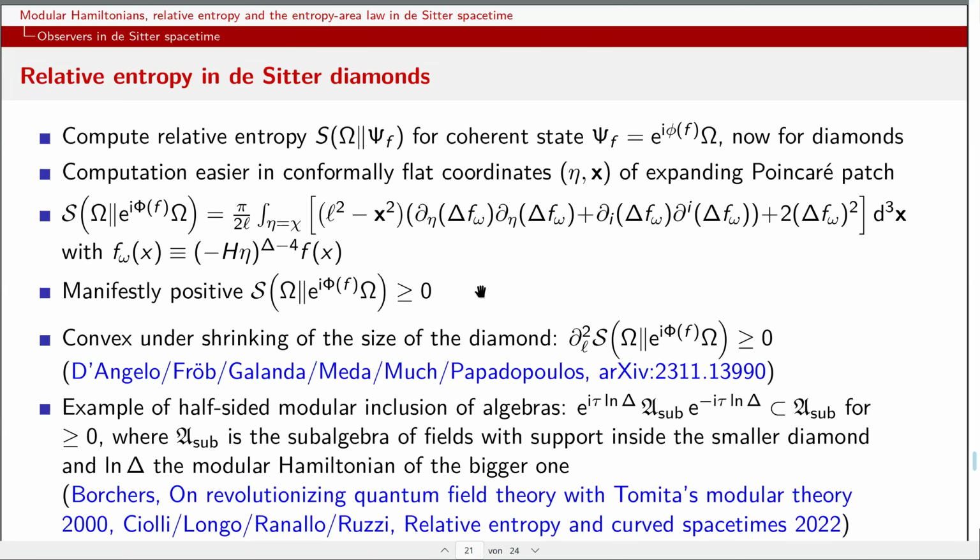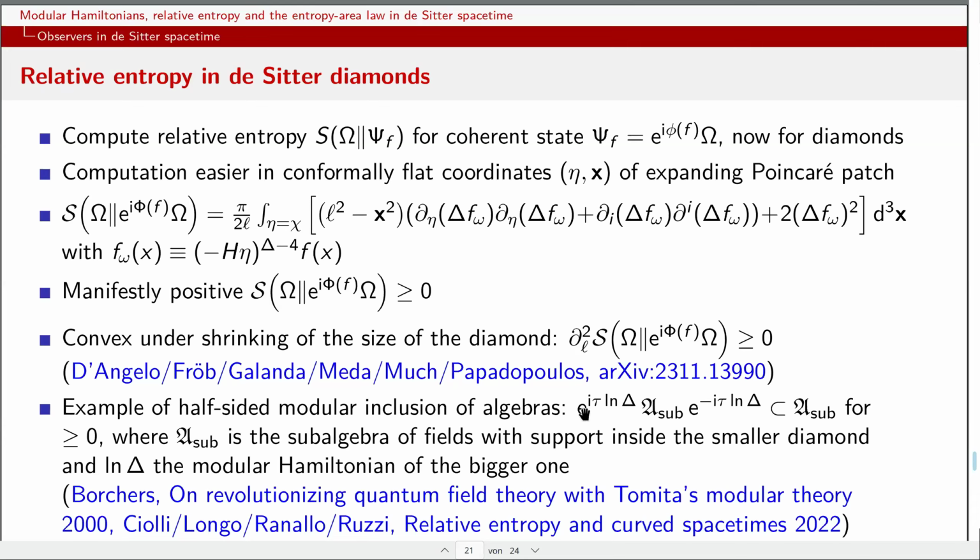We checked that it's convex if you shrink the size of the diamond. If you make it smaller, the second derivative is positive. In this special case, it's a verification of a general result that holds again for Tomita-Takesaki theory, for so-called half-sided modular inclusion.